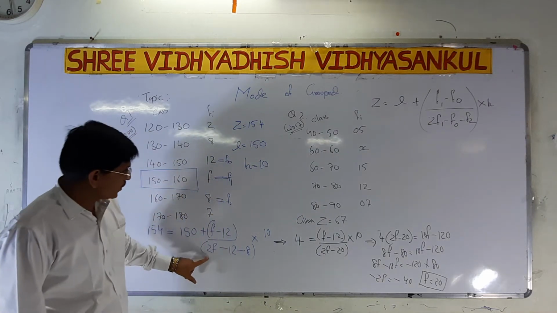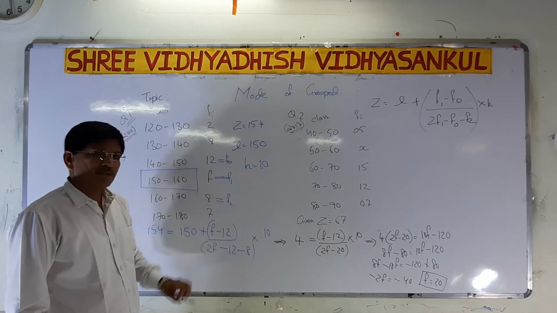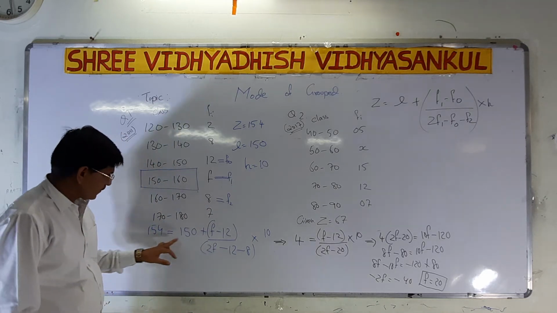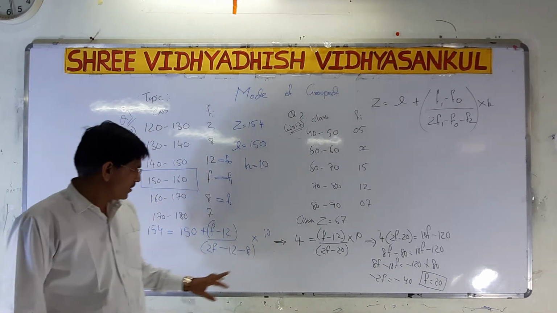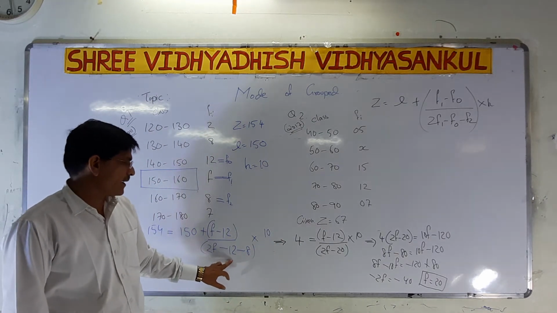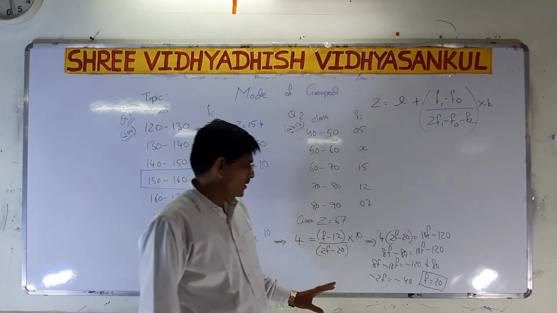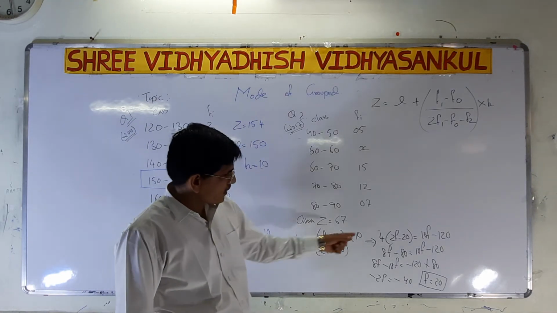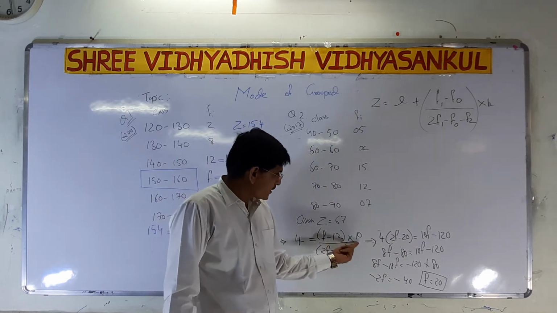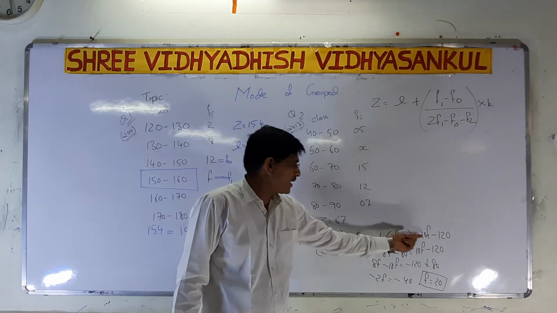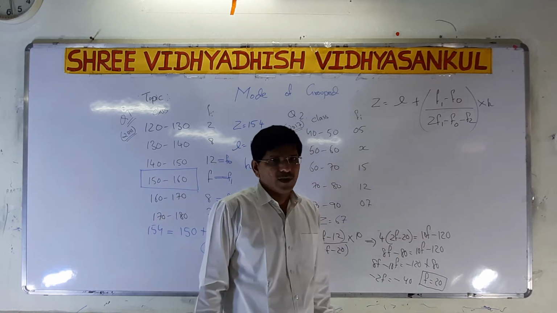F1 is f and F0 is 12, so (f minus 12) divided by (2 into f minus 12 minus 8). 154 minus 150 is 4. 2f minus 20. Now open the bracket: 4 into (2f minus 20) is equal to 10 into f, that is 10f, and 10 into minus 12, that is minus 120.